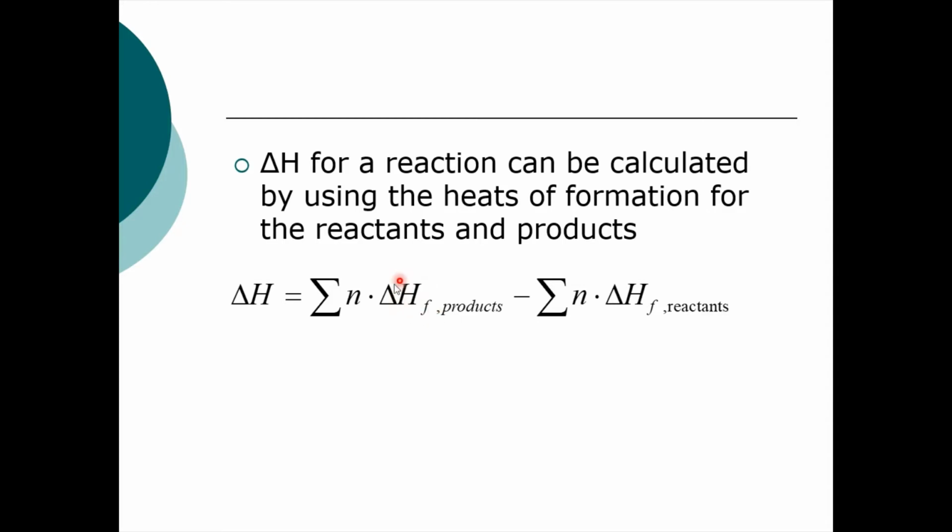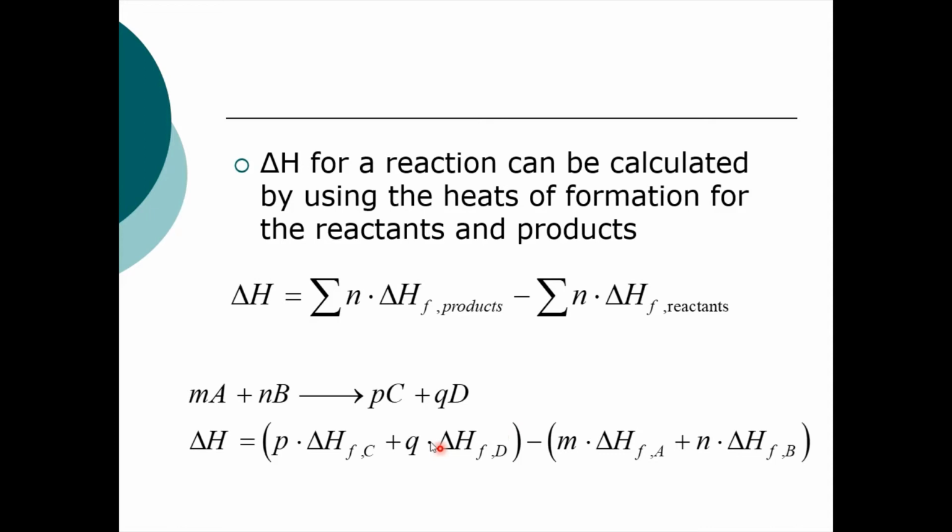So you look up the heat of formation of every product, and for each one of those, you multiply by the coefficient in the equation, minus the sum of the heats of formation of the reactants, each one multiplied by its stoichiometric coefficient. So basically, I'll show it down here in another way: you're going to be looking up the heat of formation of every substance in a chemical reaction.